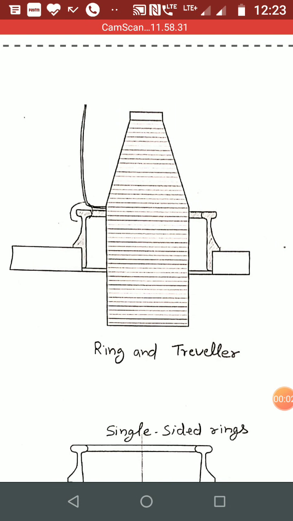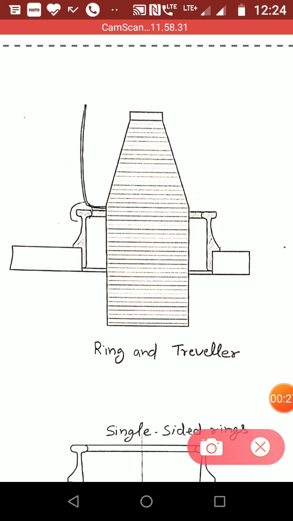Dear students, the topic of my today's lecture is different types of rings and travelers in case of ring frame. In most cases, the limit to productivity of ring spinning machine is defined by the traveler in interdependence with the ring and the yarn.